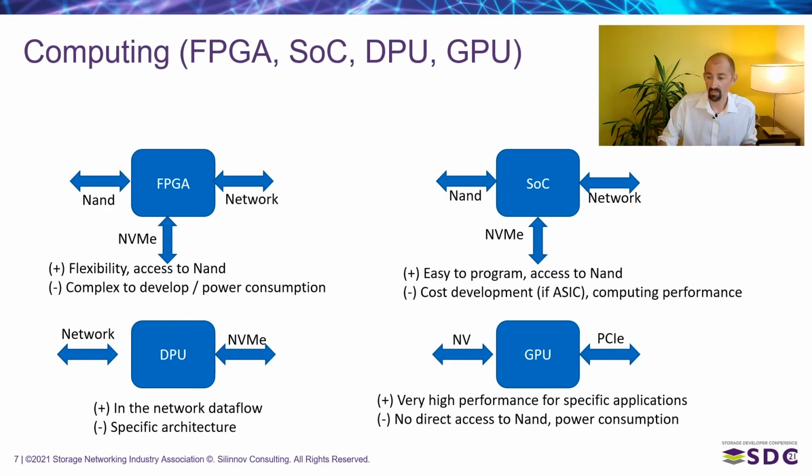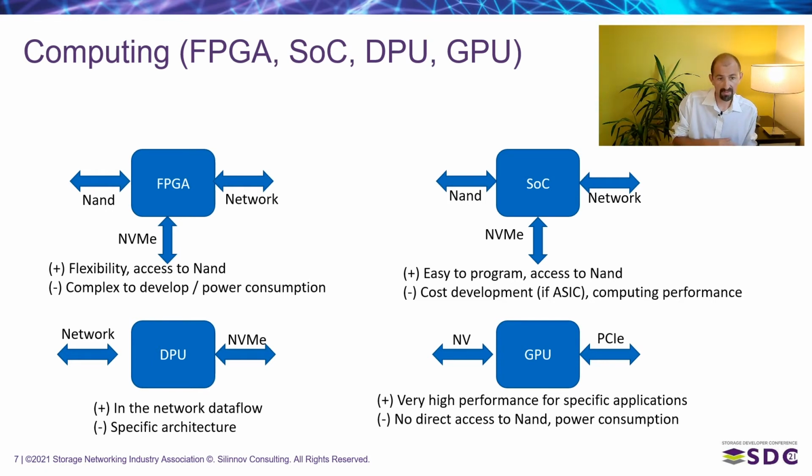The system on chip is easier to use in terms of software development, of course, because it will integrate standard CPU cores, so you have all the software environment for that. It also provides interfaces with network, NVMe, and NAND flash, like any SSD controller.